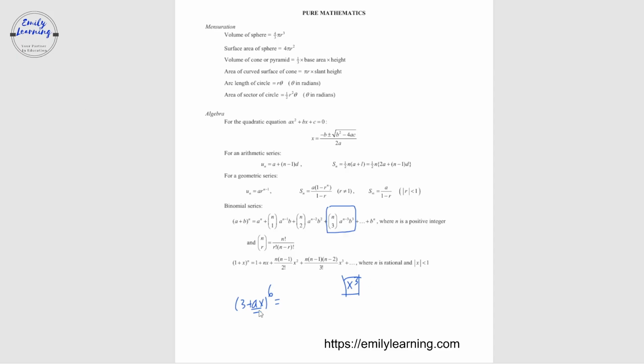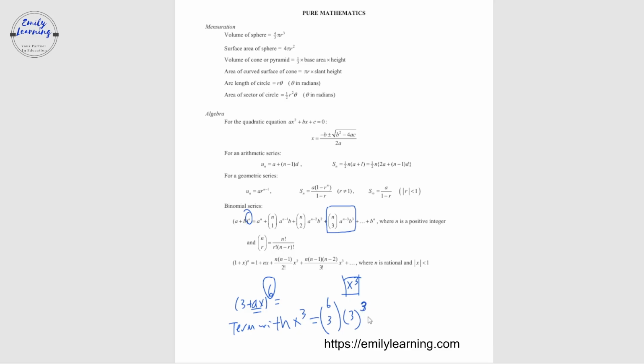So I know that the term with x cubed is essentially this. In this case, n is 6, because the power is 6. So n is 6: 6 choose 3. Then a, which is 3 here, to the power of 6 minus 3, which is 3.